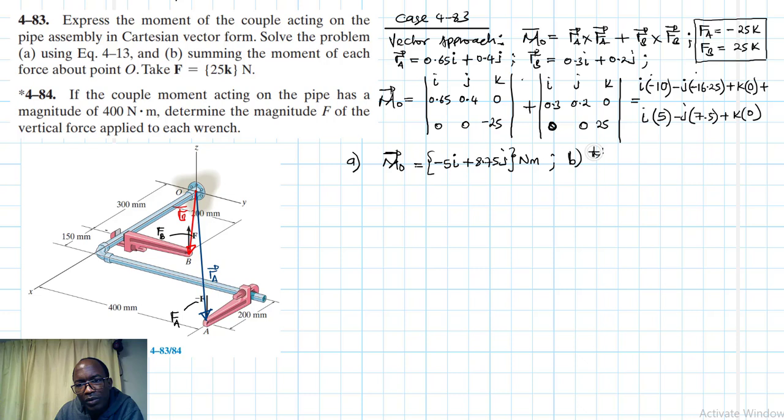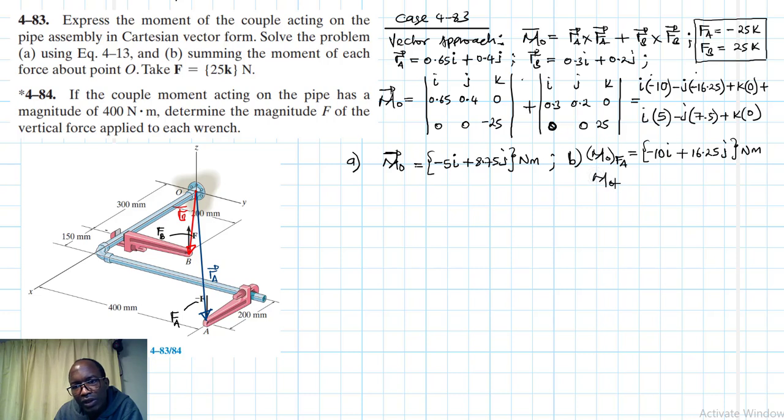So say moment about O due to FA will be equal to minus 10i plus 16.25j, and all this is Newton meters.